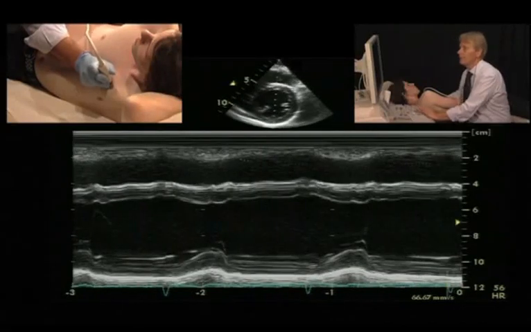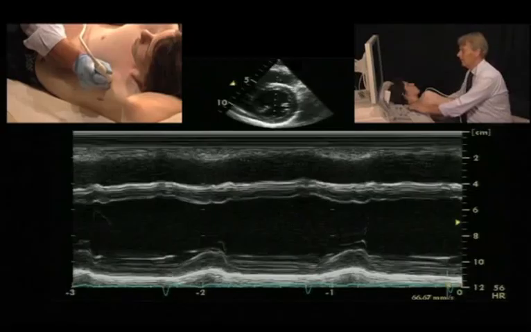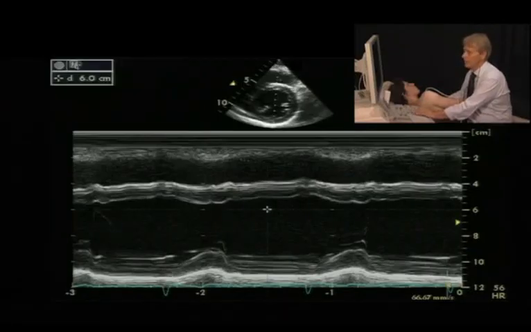and then freeze the image and perform the measurement of the septum at diastole. So we have the biggest width of the left ventricle shortly before the QRS complex starts. So this is where you would start with your M-mode measurement of the septum.